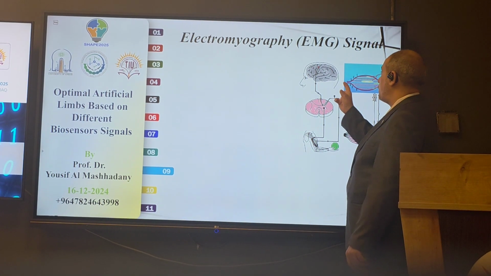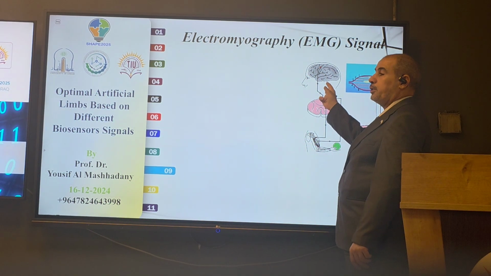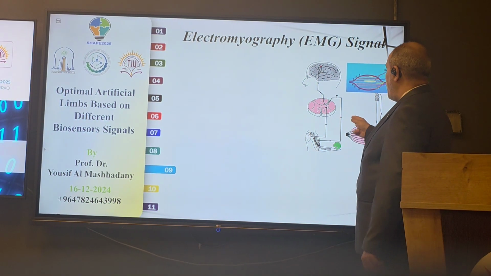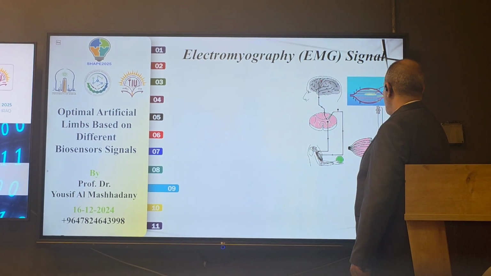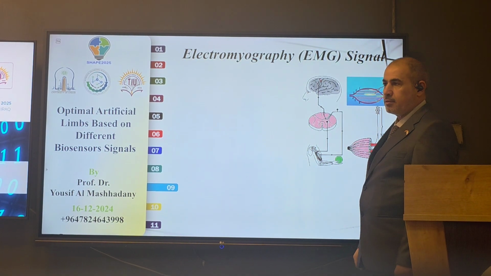For the EMG signal, after an order is generated in the brain, an electrical signal is sent to the muscles.